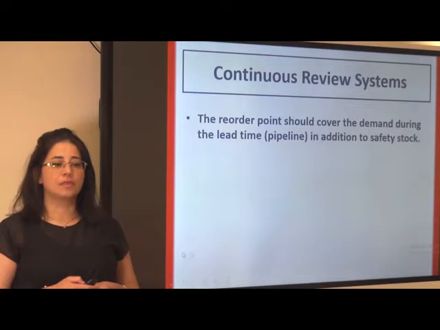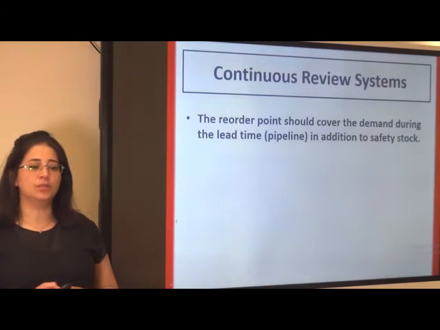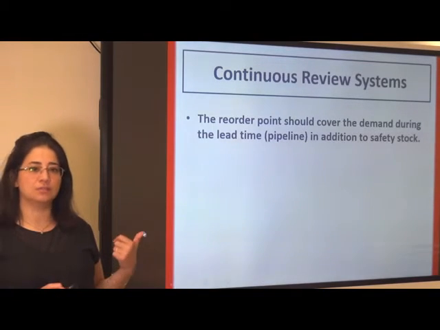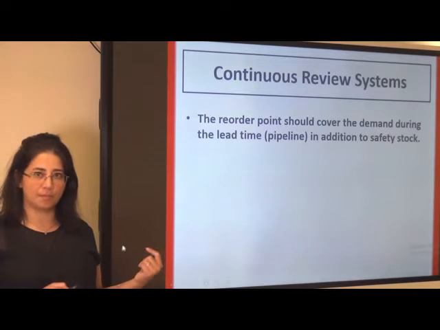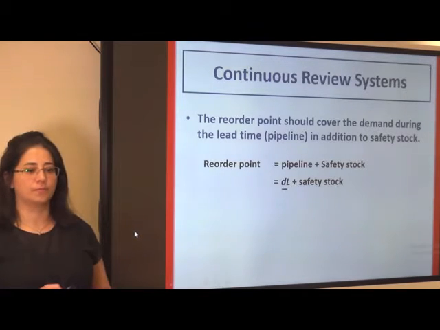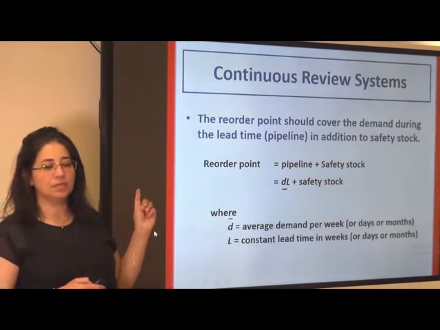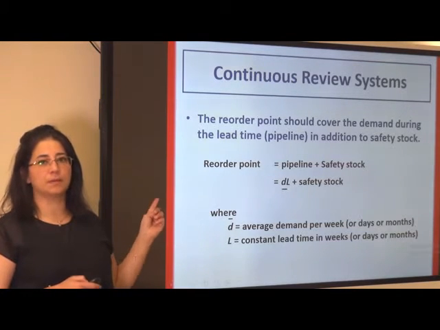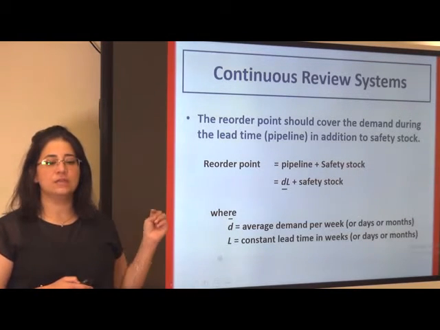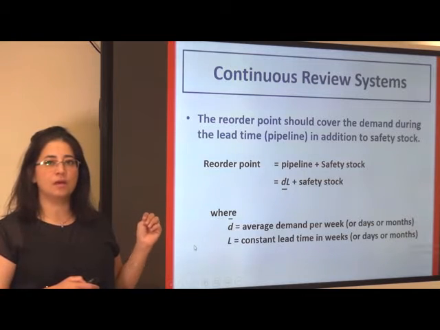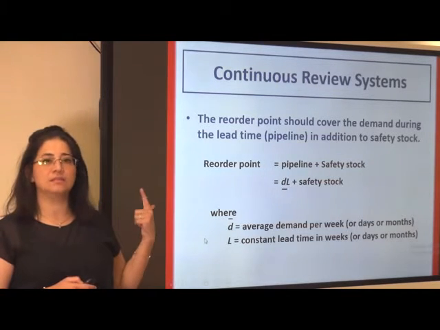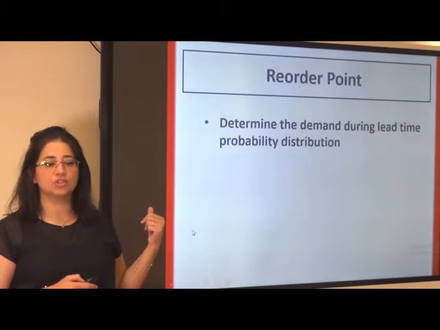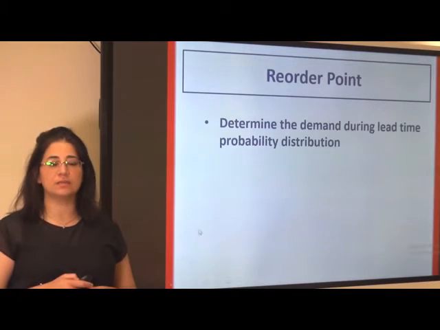Okay. Then, as a summary, the reorder point should cover the demand during lead time, which is the pipeline plus safety stock. The pipeline inventory is D, average demand, multiplied by L, plus safety stock. Safety stock is a function of the uncertainty in demand and in lead time, so it's a function of sigma of demand and sigma of lead time.